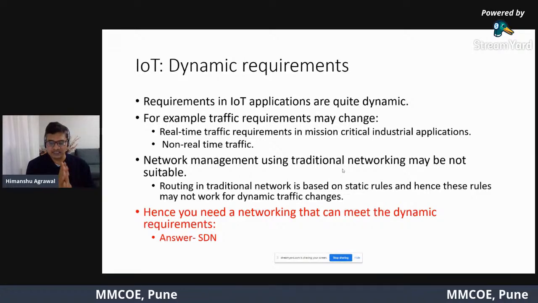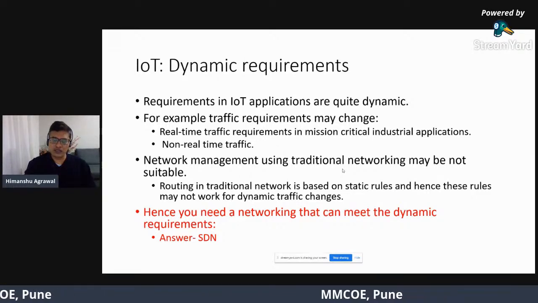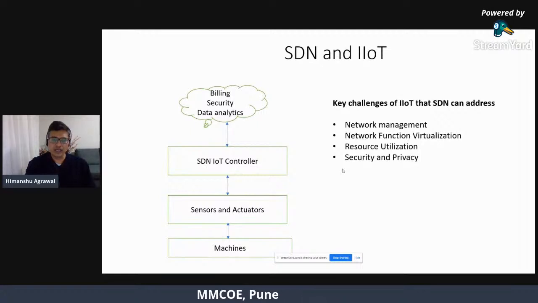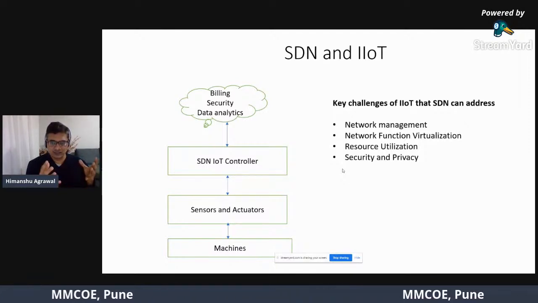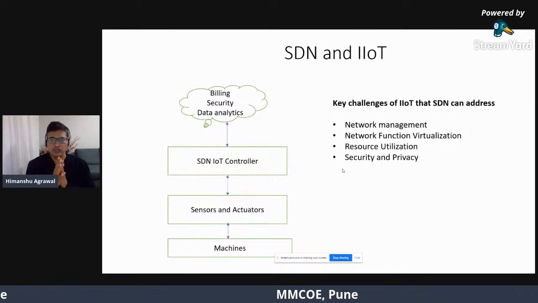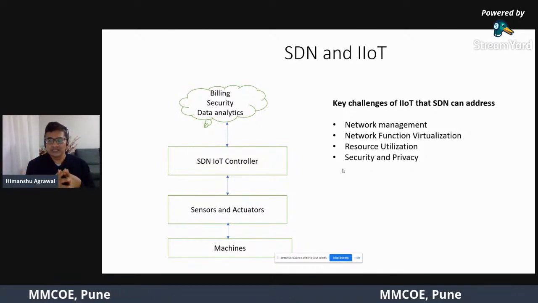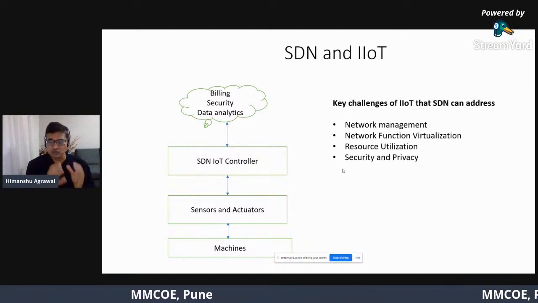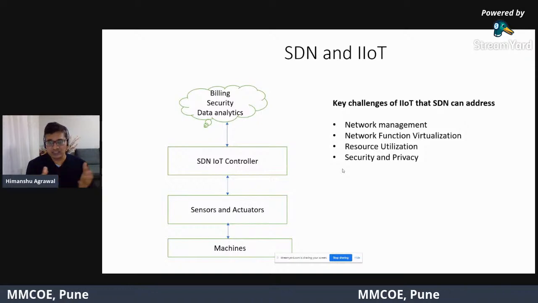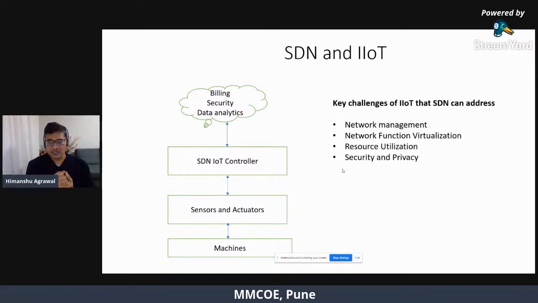So of course, SDN and IoT or IIoT, if you see, is now becoming the next important thing. The reason is how this SDN is now addressing various challenges, such as network management challenges, and resource utilization, which is another important challenge, right?